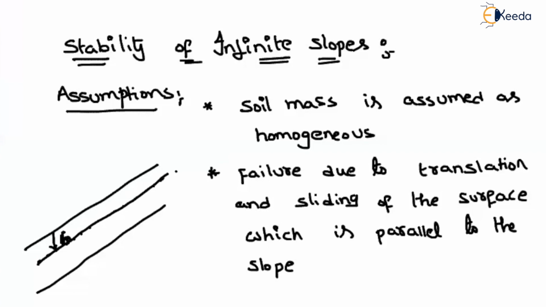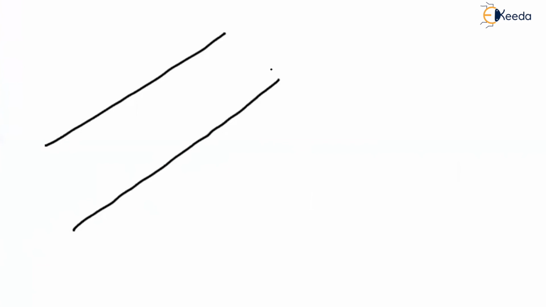Okay, so first let us consider an infinite slope, and let us assume that you are going to study the stability of this layer. The layer whose stability you are going to study, let us assume that it is at a distance of h from the ground surface.